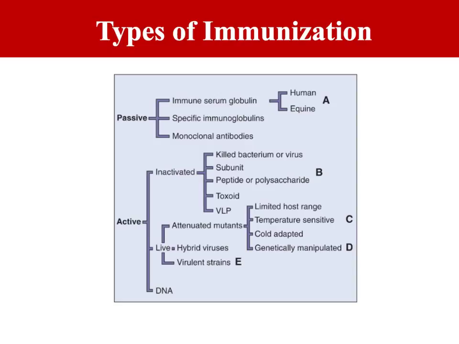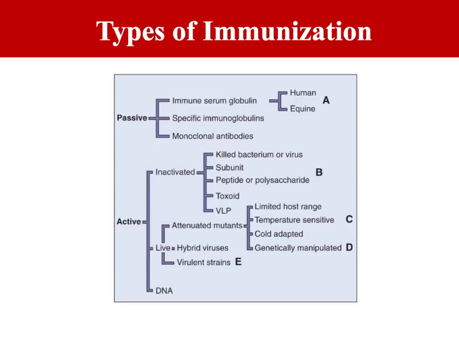live immunization. Attenuated mutants make great vaccines, okay? And there are different ways of attenuating infectious agents. You can adapt them to cold temperature, meaning that they only like growing at, say, 32 to 35 degrees Celsius.